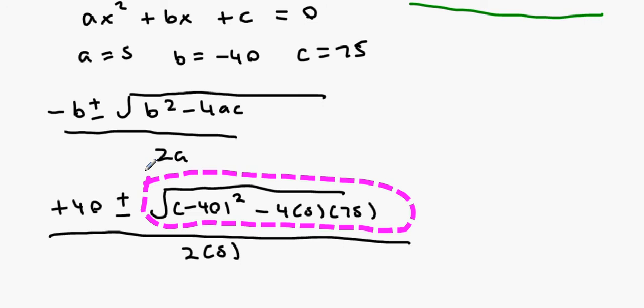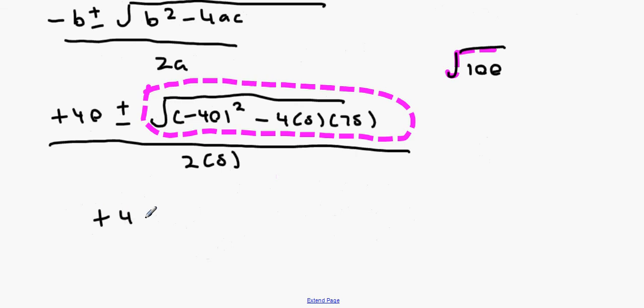And as it turns out, it's going to be the square root of 100, which is equal to 10. So we get 40 plus or minus 10, divided by 10.